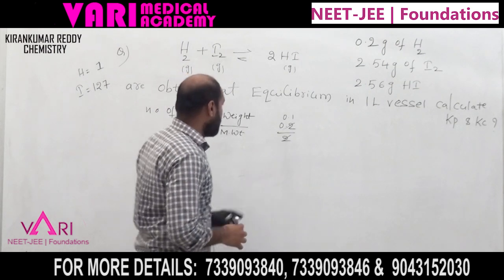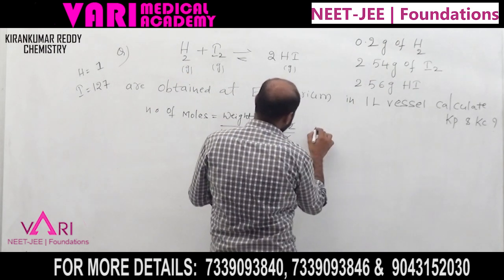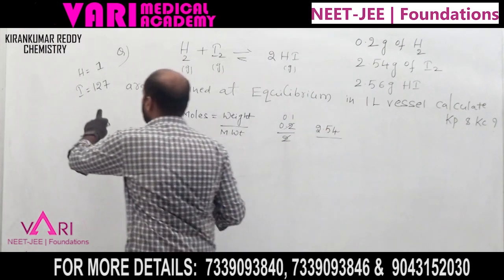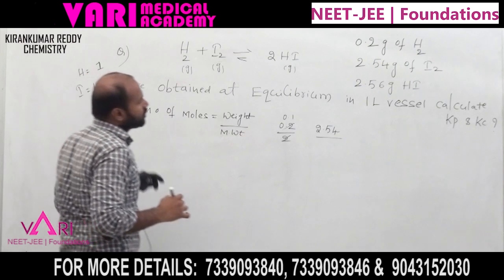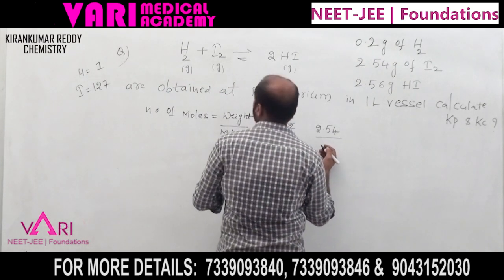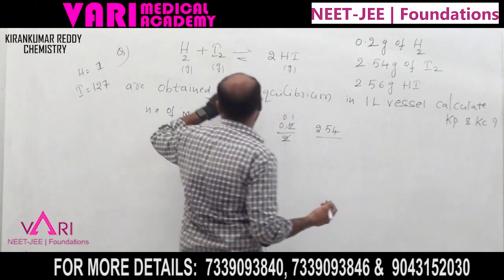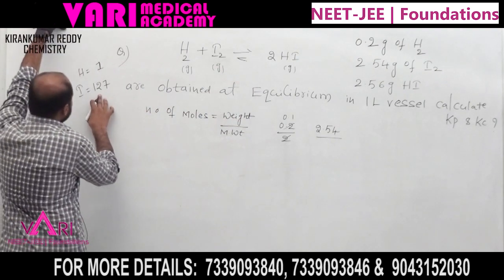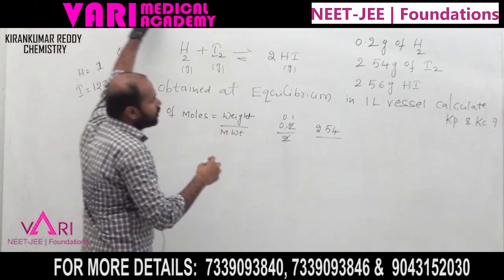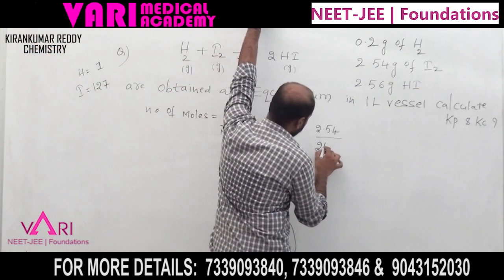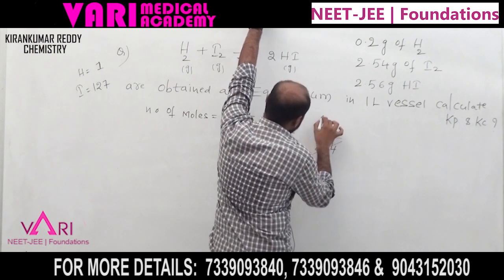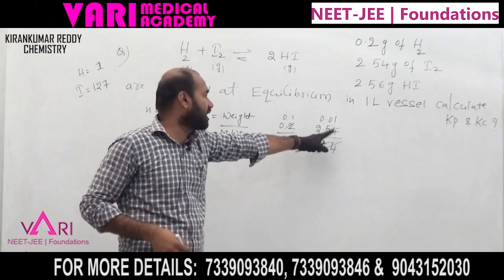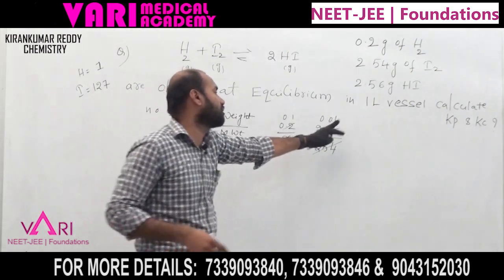Now next, 2.54 grams of I2, 2.54 by 254 (127 into 2), that is 0.01. Not 10 to the power minus 2, we can write it with 2 zeros, 0.01.